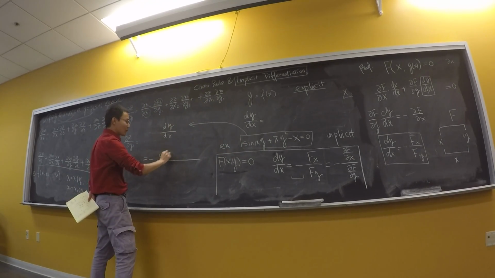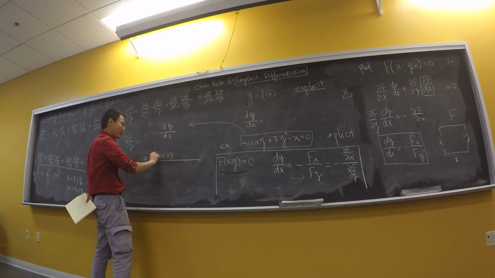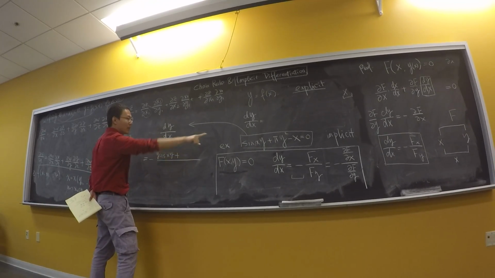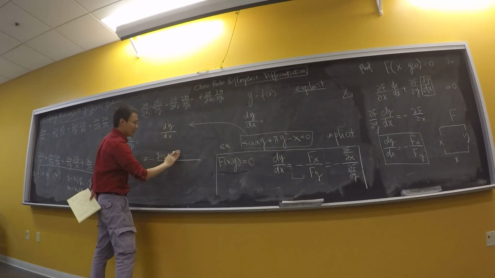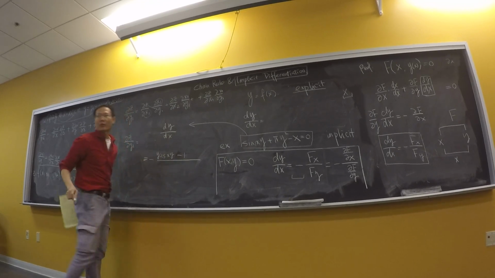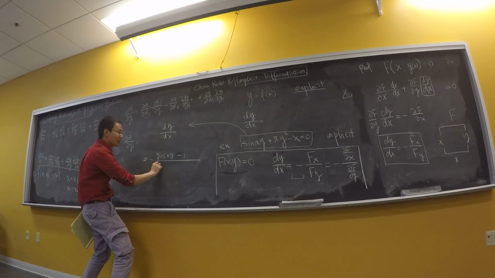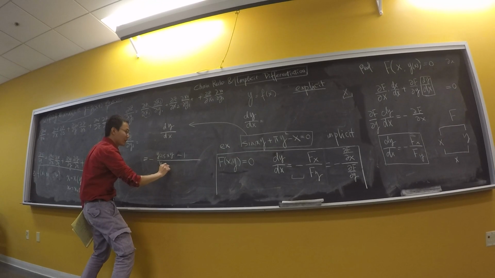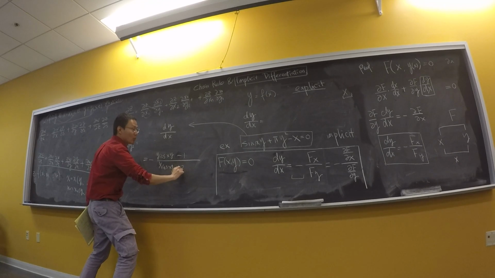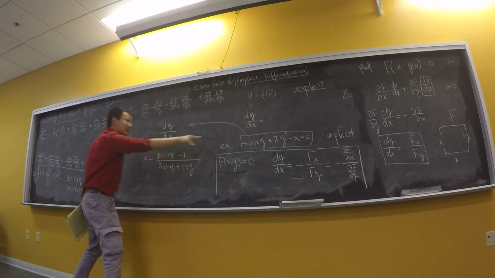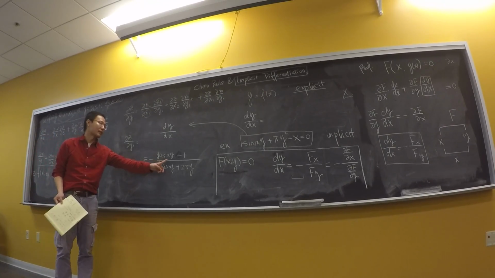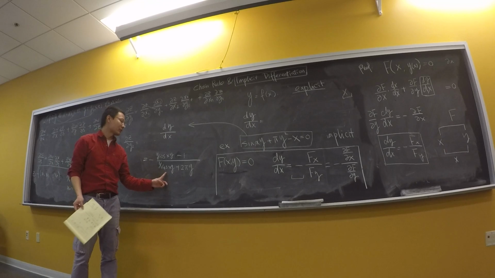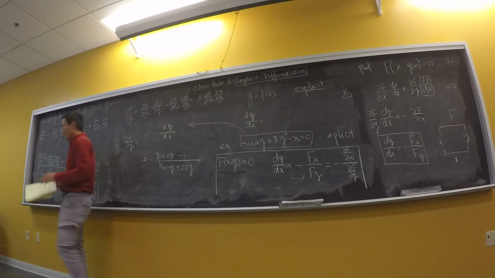Cosine xy multiplied by y, plus pi y squared, whose derivative with respect to x will just vanish. So I'm getting a minus 1 in the numerator. The denominator is going to be x cosine xy, then plus 2 pi y. Minus x will disappear. So this will be the partial derivative. So dy over dx equals minus y cosine xy minus 1, divided by x cosine xy plus 2 pi y.